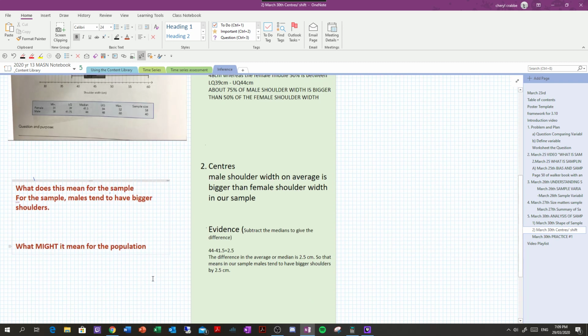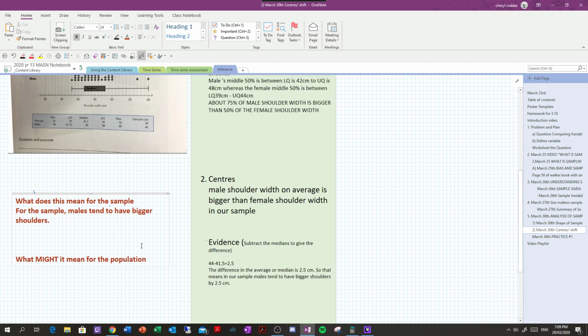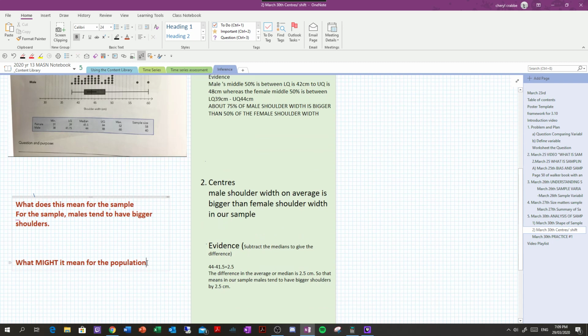All right. What might it mean for the population? Well, if I was to take a punt, we know that we have to do this very cautiously, but it might mean that back in the population, male shoulders are wider than female shoulders.